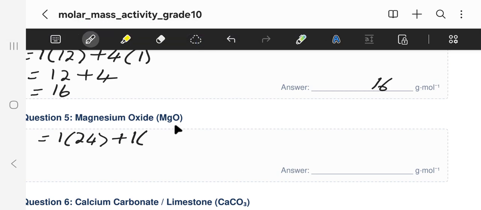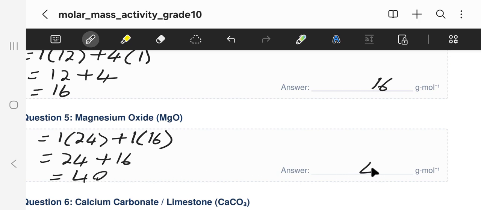What is the mass of oxygen? It's 16. Then I say 1 times 24 plus 1 times 16. 24 plus 16 is going to be 40. So my answer is 40 grams per mole.